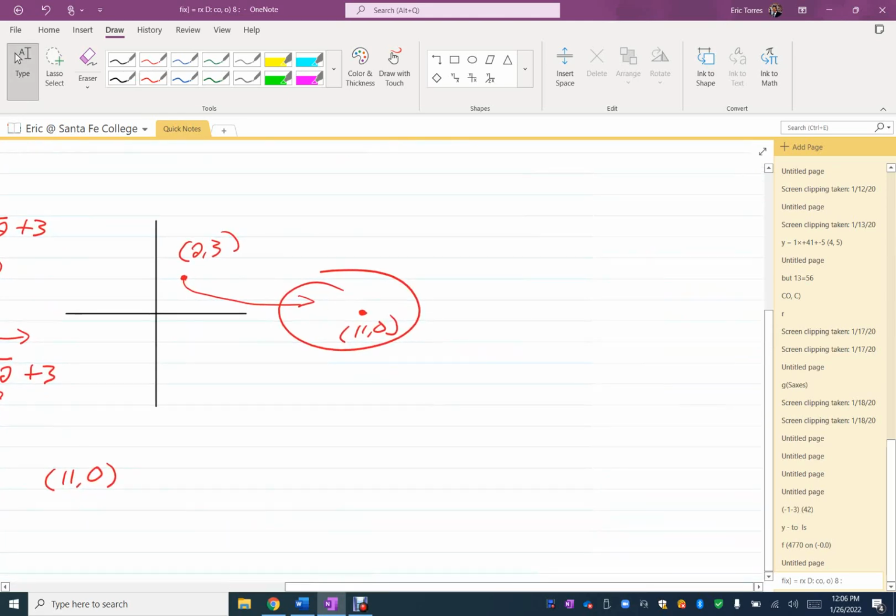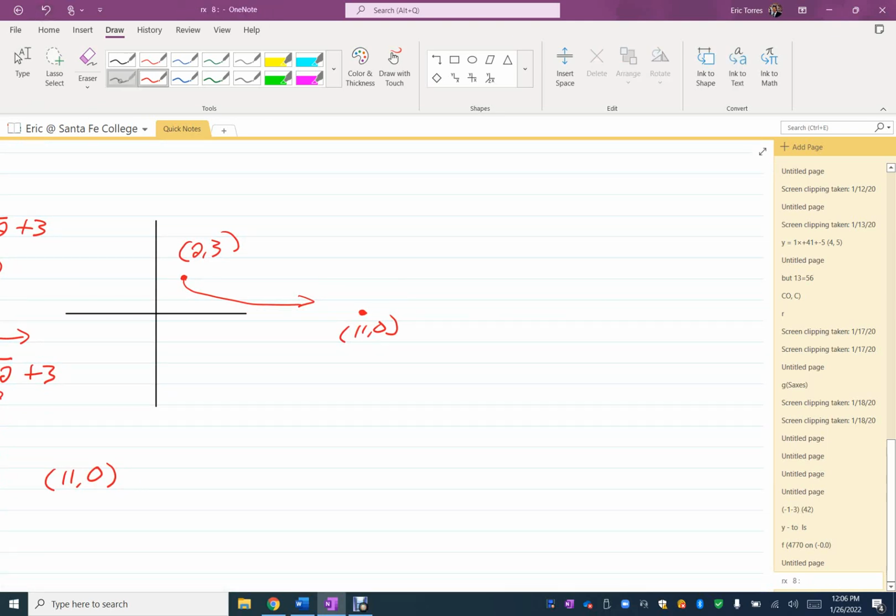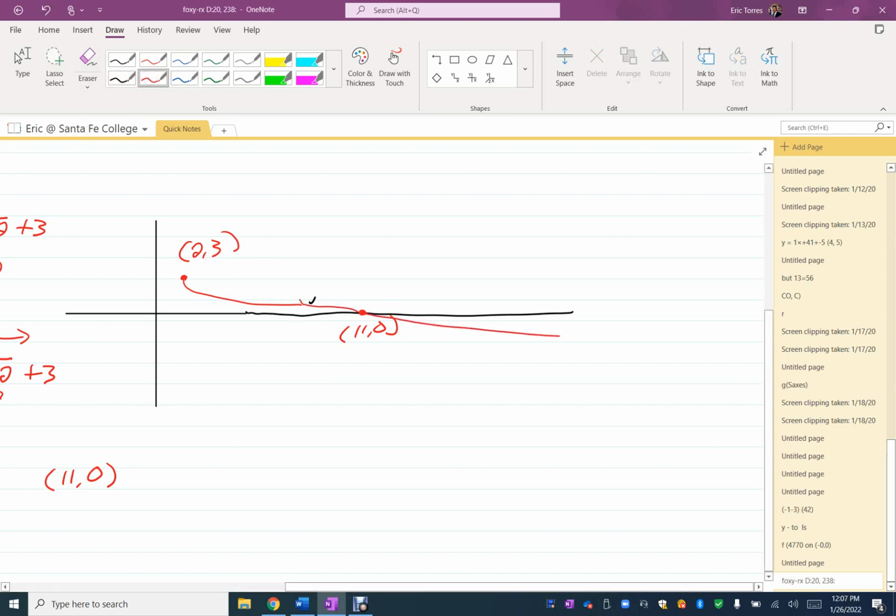Why is that an important point? Well, because if I was to extend this over here through that point, and here's my graph, this part of my graph is positive. This part of my graph is negative.